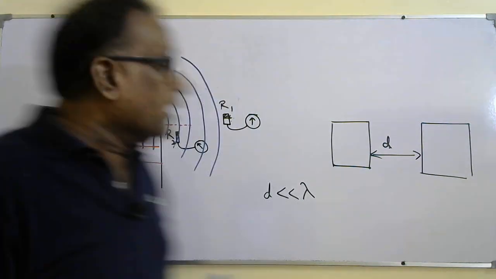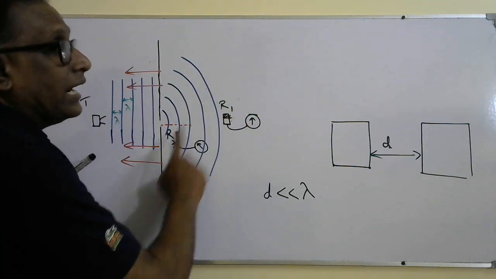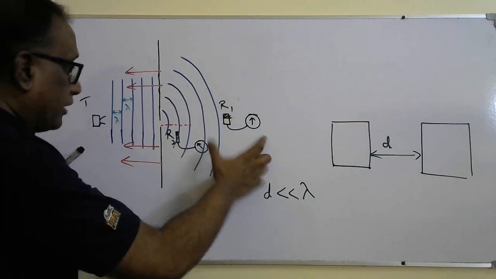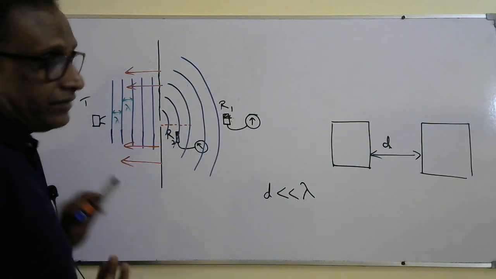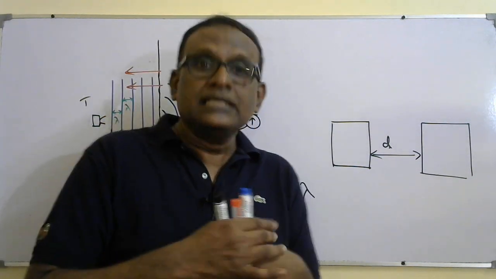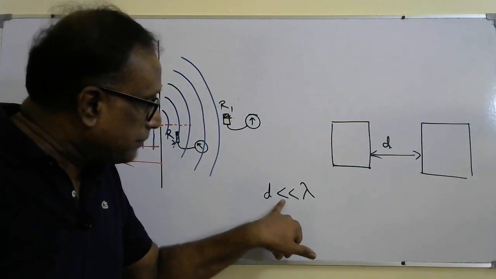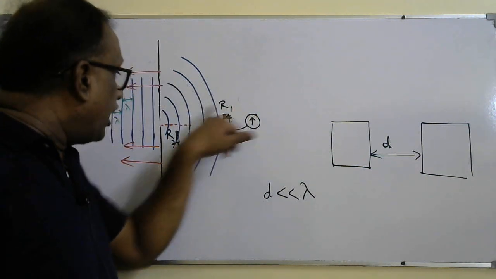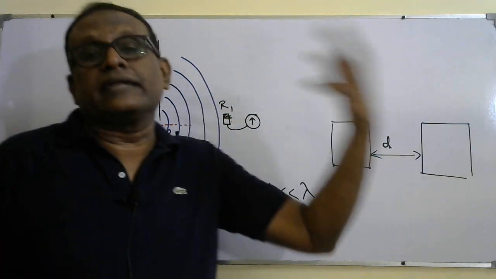So what will happen? Both readings will decrease further compared to when they were recorded when the slit size is equal to the wavelength. Again I am telling, when you reduce the slit size further such that the size of the slit becomes much smaller than the wavelength, what happens to the reading of R1 and R2? Both will decrease further.